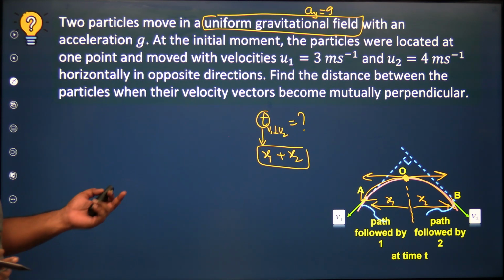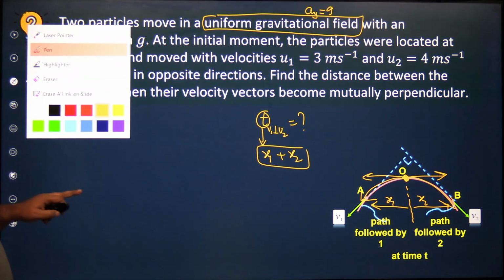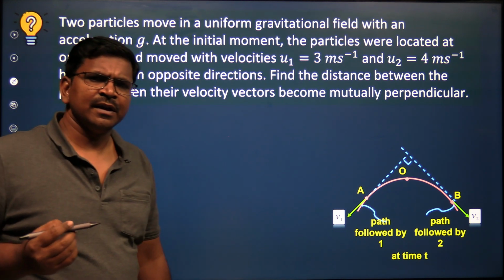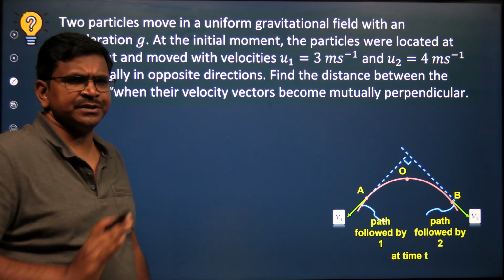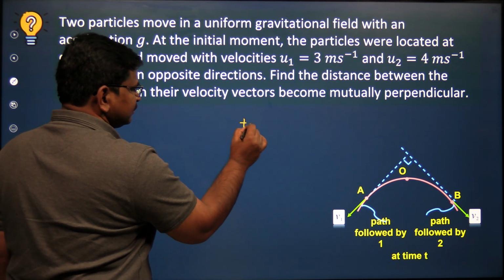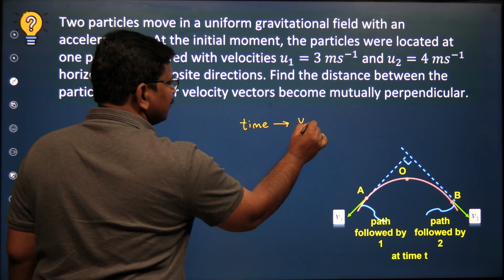After getting time t, you can find out x1 and x2, and you can get the answer. This is the solving strategy for this question. Always keep in mind, whenever any question is given, you must think logically and develop a strategy. From the given data, I need to find out the time when V1 and V2 are perpendicular.